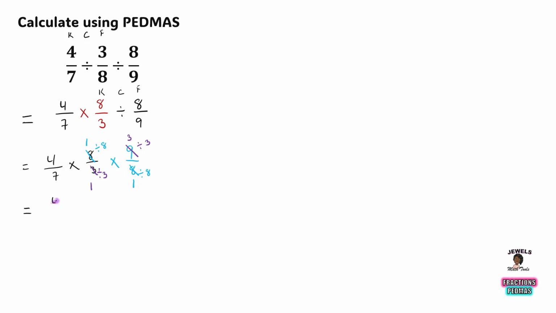So in our first fraction, we have 4/7. In my second fraction, I have 1 in my numerator and 1 in my denominator. And in our third and final fraction, we have 3 in our numerator and 1 in our denominator.